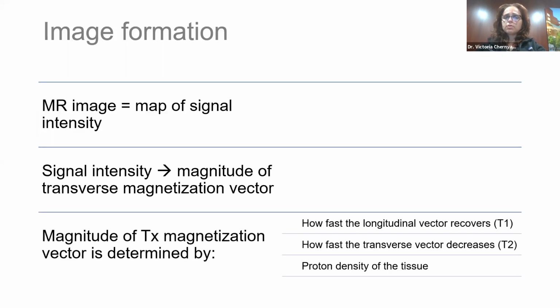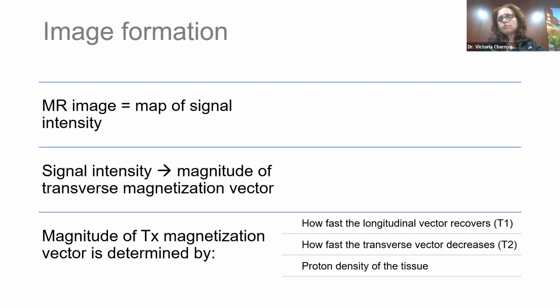And the magnitude of the transverse magnetization vector at the time of the coil listening or acquiring the signal is determined by how fast the longitudinal vector recovered, which is our T1 property, and how fast the transverse vector decreased, which is our T2 property, and also on the proton density of the tissue.